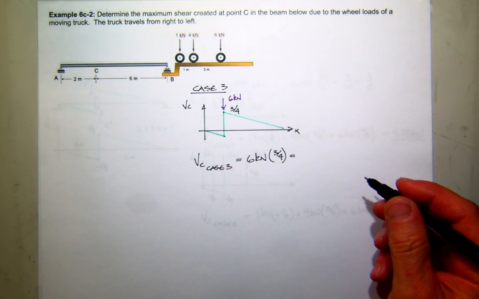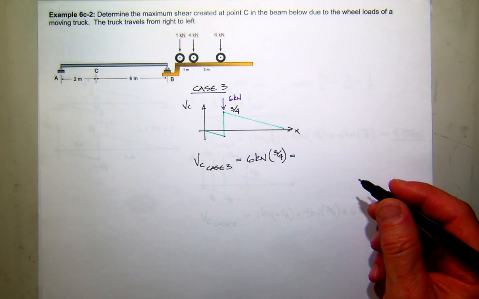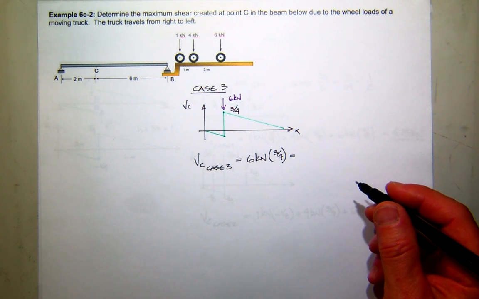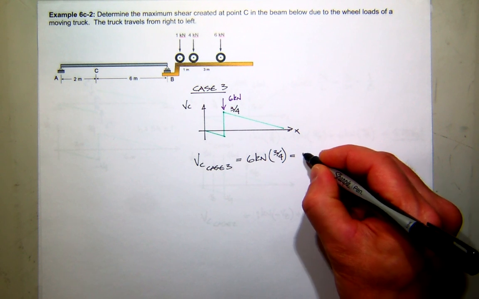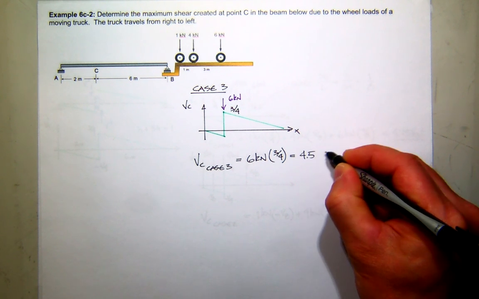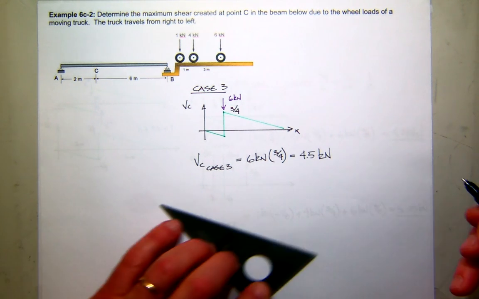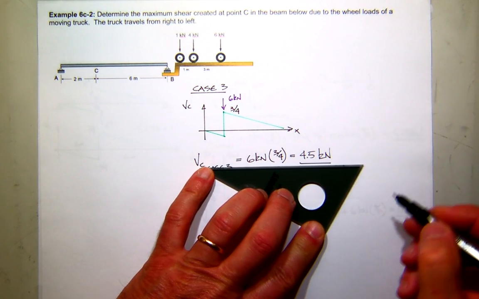which is, what is that? 18 divided by 4 is 3.5? What is it? 4.5? And that is not the largest value.